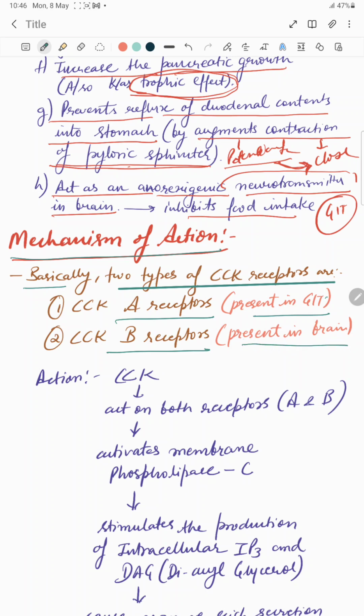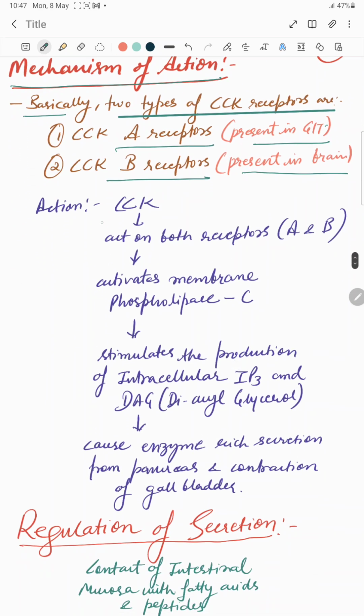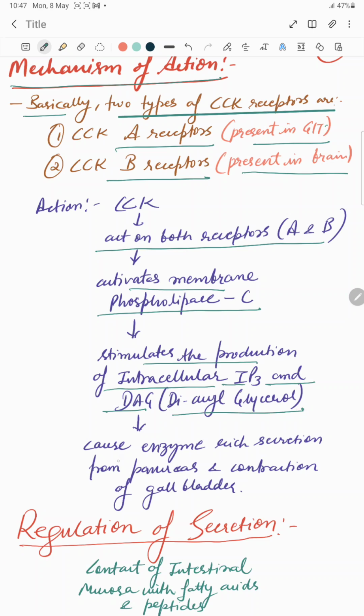The A type of receptor is mainly present in the GIT and the B type of receptor is present in the brain. Cholecystokinin acts on both receptors A and B and activates membrane phospholipase C. This stimulates production of intracellular inositol triphosphate and diacylglycerol, second messengers, that cause enzyme rich secretion from the pancreas and also potentiate release of more bile via contraction of the gallbladder.